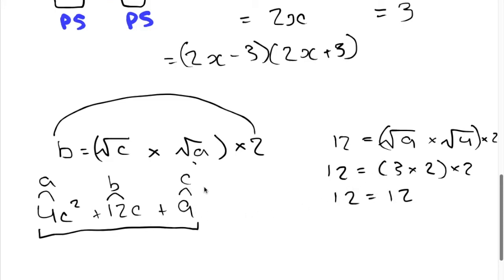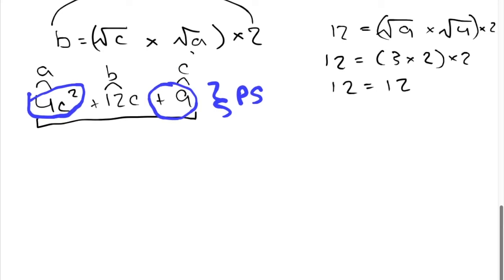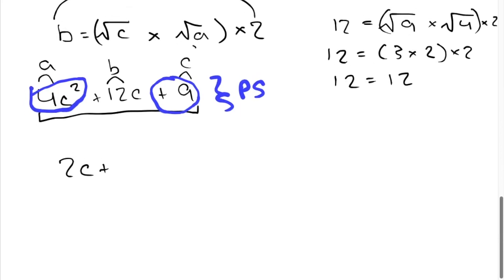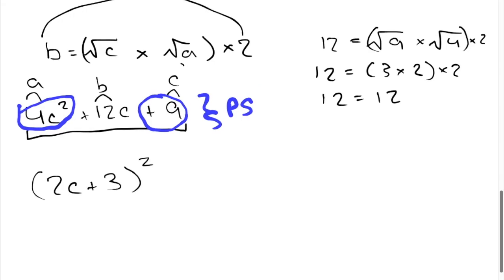So we know now that this expression over here is a perfect square expression. Now we can go on to factoring it. All you have to do is square root the first term, 4c squared, and square root the last term, which is c in this case. After you square root that, all you have to write is 2c plus 3. You have to combine both a and c and add a little square to it: this whole bracket squared. And that's how you factor perfect square equations.